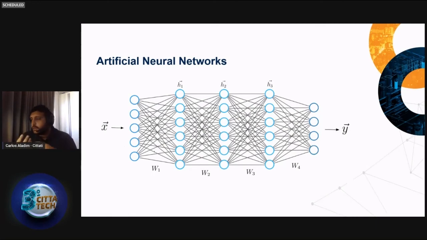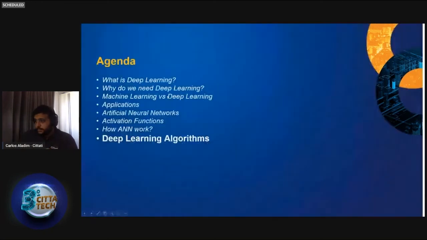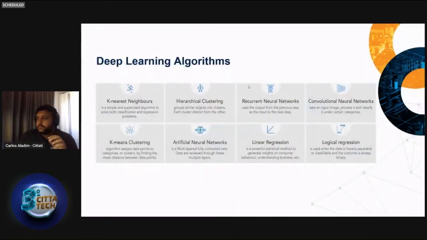We will calculate the loss function, and we'll do the backpropagation process where we will recalculate all the weights on the net and go to another epoch, and then repeat the process until we have an accurate neural network. So this is how artificial neural networks work, and I'll talk a little bit about the deep learning algorithms.